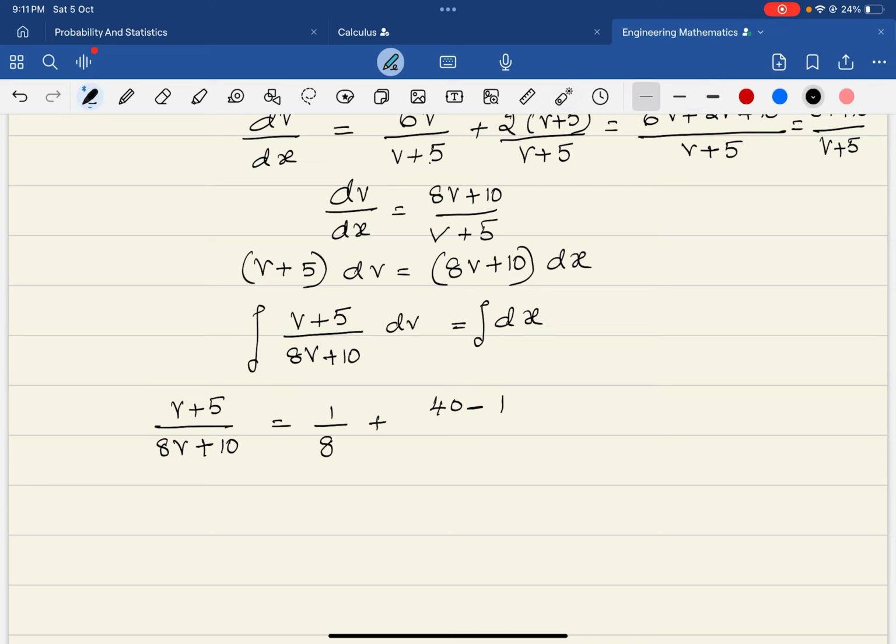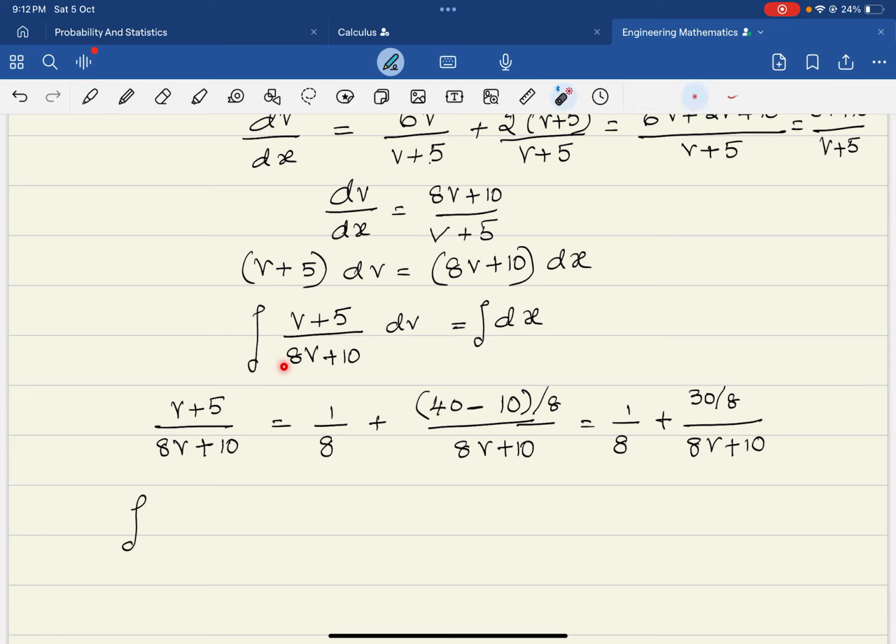So, this gives you minus 10 over the denominator, the coefficient is 8, over 8v plus 10. So, you can write this as 1 over 8 plus 40 minus 10 is 30 by 8 over 8v plus 10. So, now we have to solve this integral.